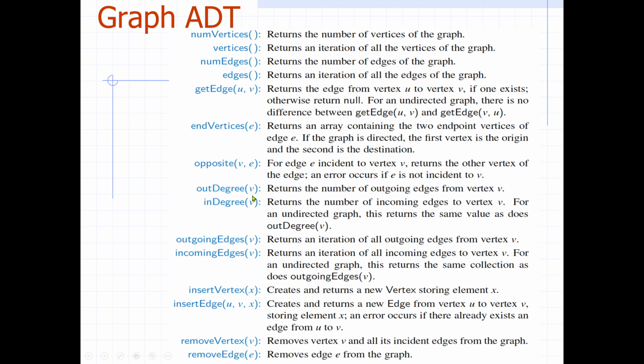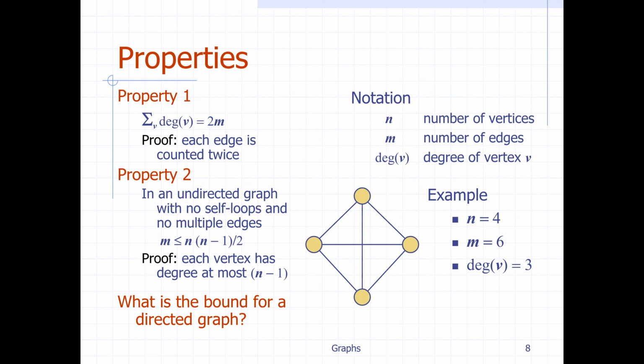And then we have out degree, which returns the number of outgoing edges, and this is for a directed graph. Then we have also in degree, because previously we were discussing the degree. In that case, the degree was the number of edges, but since it was undirected, we didn't count out or in. Now, if we have a directed graph, we may say the arrow pointing from A to B or from B to C. If it's A to B, then it's out degree.